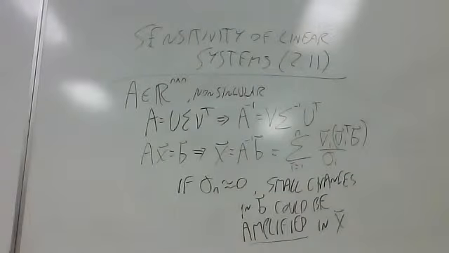In fact, I can easily contrive an example where you make a change in b on the order of 10 to the minus 8, and the change in solution is on the order of 10 to the plus 8. It can be done. Actually, I have an example in the notes.